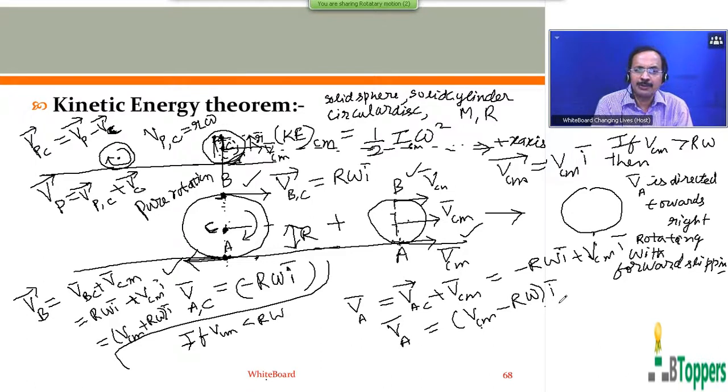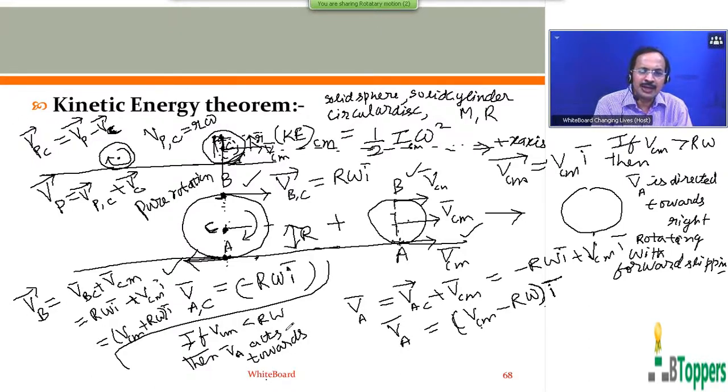Then VCM minus R omega will be negative. If VCM minus R omega is negative, then the velocity of the point A will be directed opposite to I bar. Then VA bar is directed towards left, or negative x-axis.